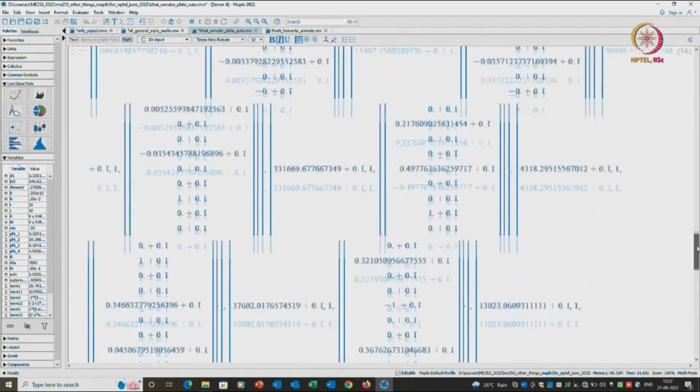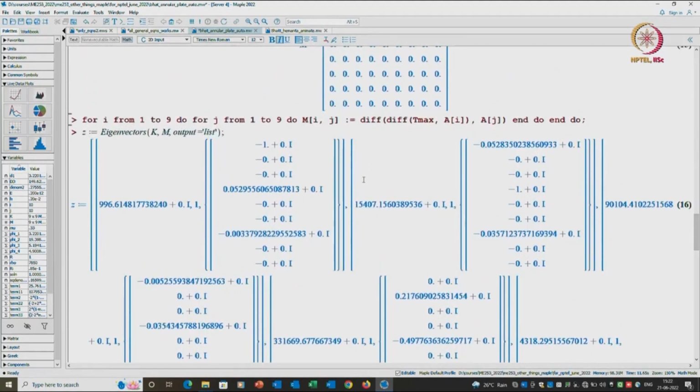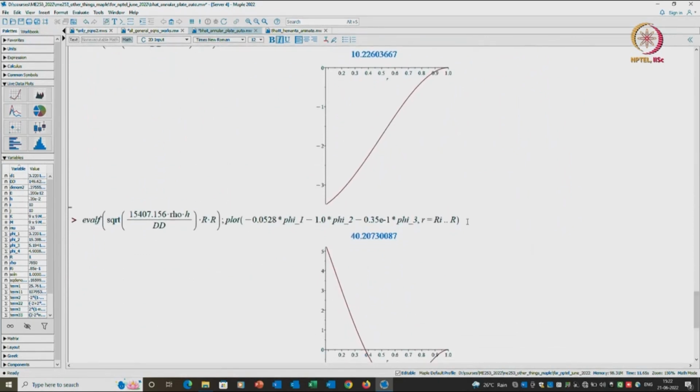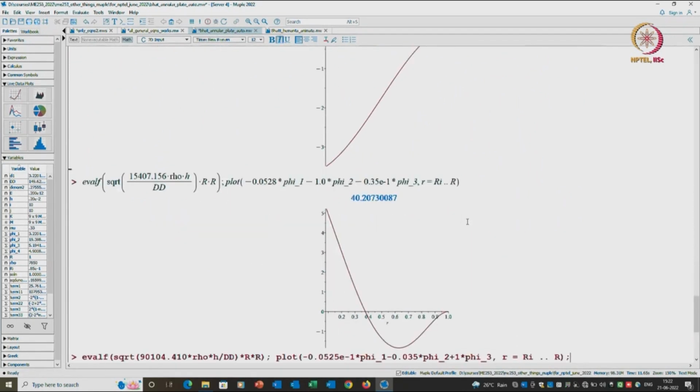Now next I will show you for a frequency value of 15,407. The corresponding eigenvector is here. So phi 1 is minus 0.5283, phi 2 is minus 1 and phi 3 is minus 0.035. So if we look at that set of numbers over here, you should remember that we had 40.207 in the first column.